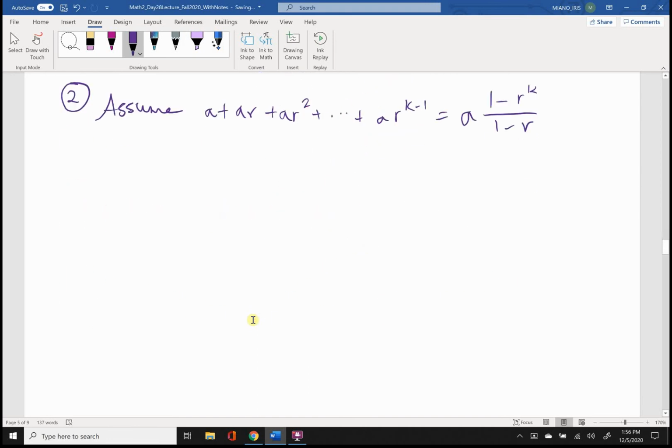All right. Now let's show, this is step 3, show that a plus ar plus ar squared plus ... plus ar to the k minus 1 power plus ar to the k, because that'll be the k plus first term, right? Because k minus 1 plus 1 is just k.